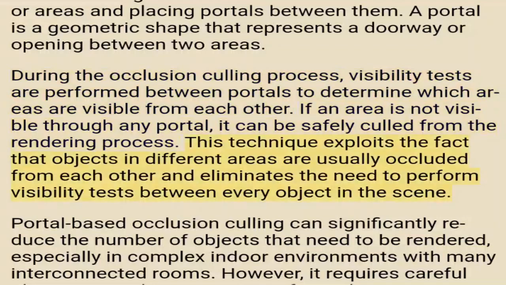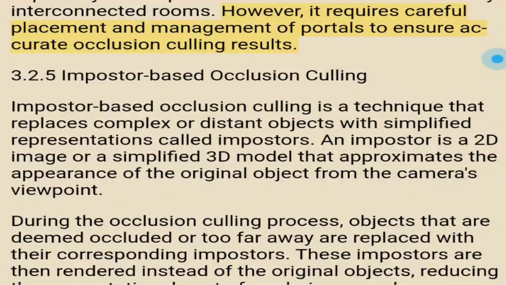This technique exploits the fact that objects in different areas are usually occluded from each other and eliminates the need to perform visibility tests between every object in the scene. Portal-based occlusion culling can significantly reduce the number of objects that need to be rendered, especially in complex indoor environments with many interconnected rooms. However, it requires careful placement and management of portals to ensure accurate occlusion culling results.